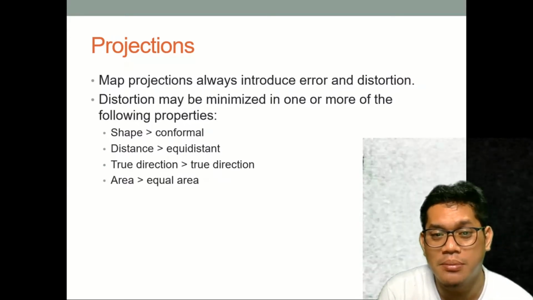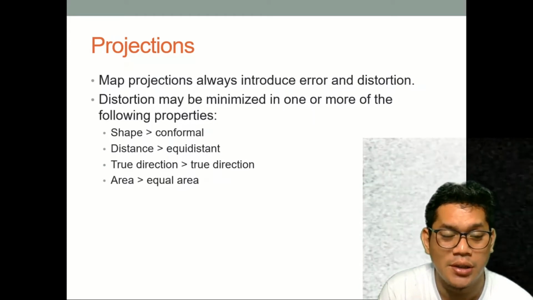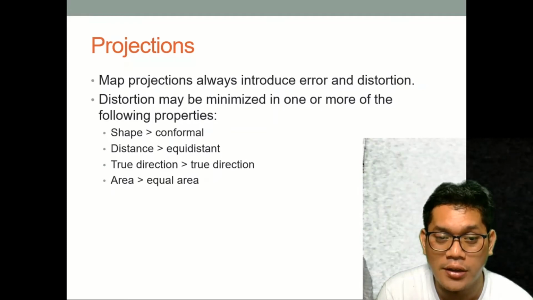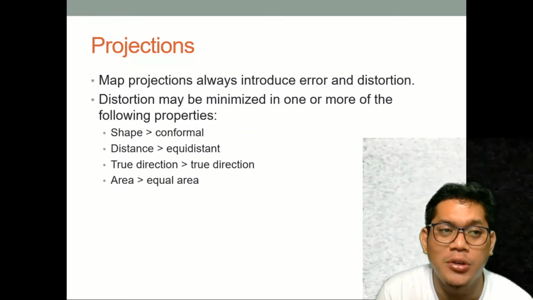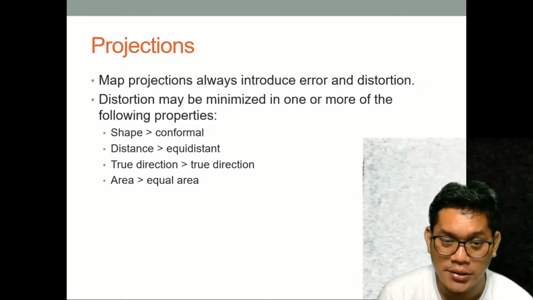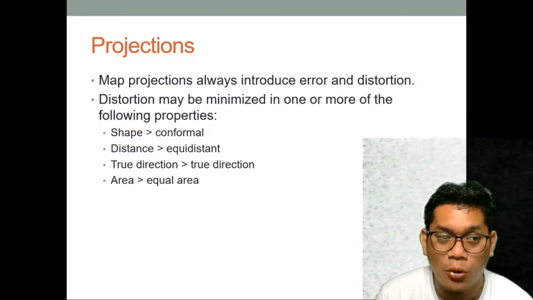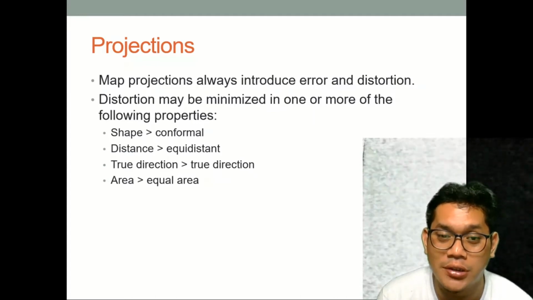Distortion can be minimized in one or more of the following properties. For the distortion of the shape, we use conformal, where it is more or less conforming to the actual shape in the real world. For the distance, we use equidistance, where it is more or less the same distance as in the real world.